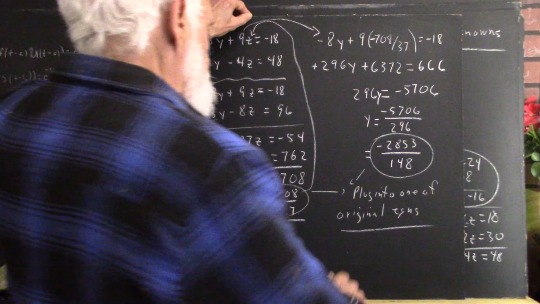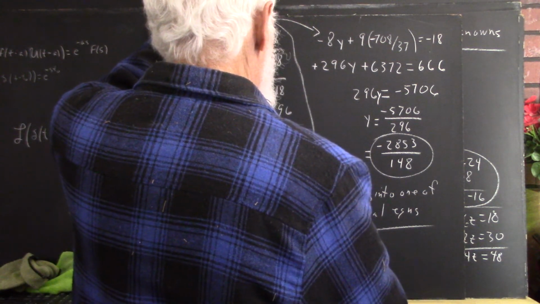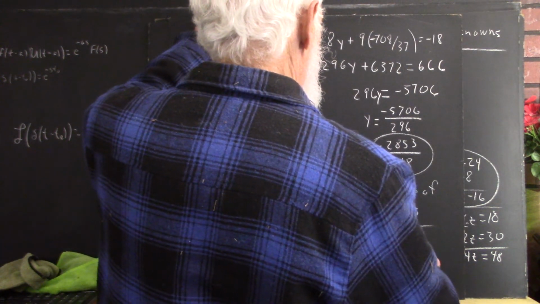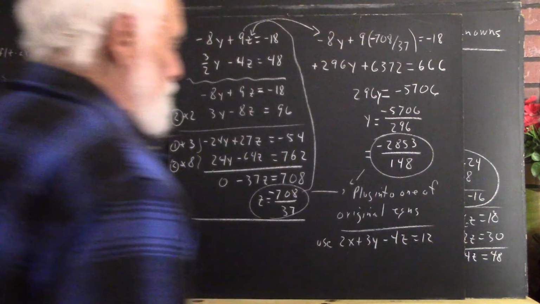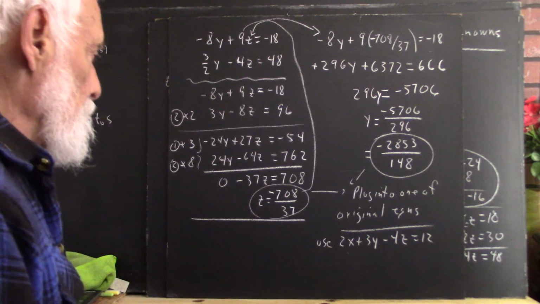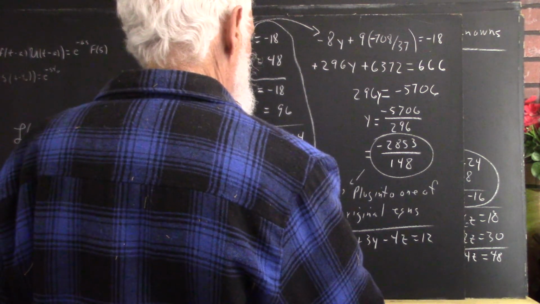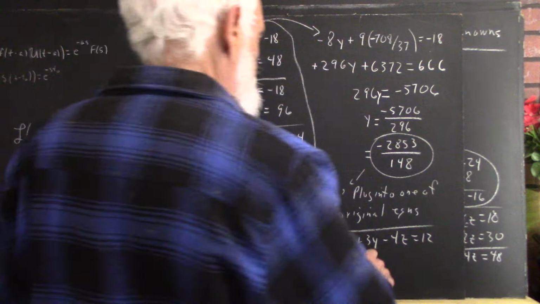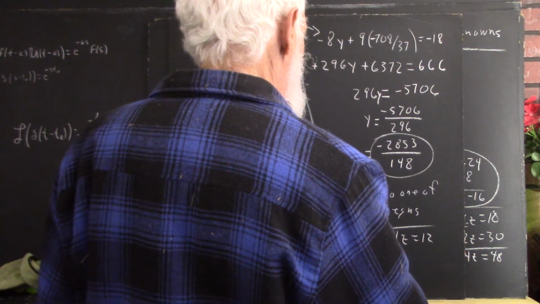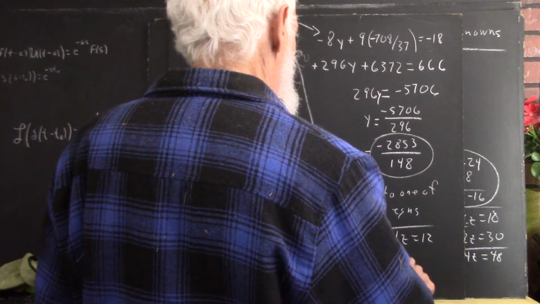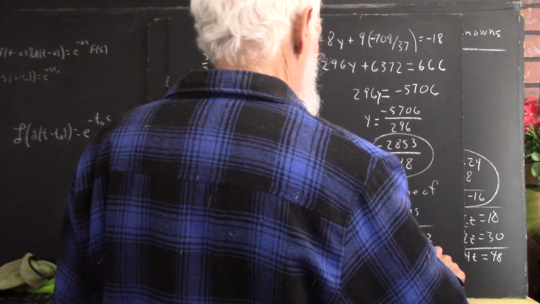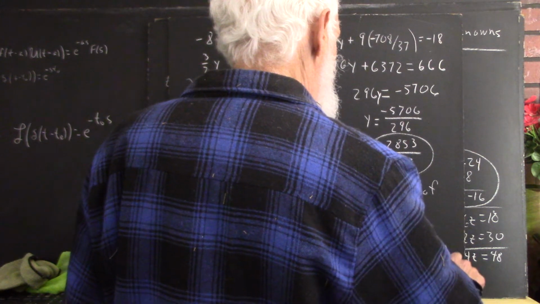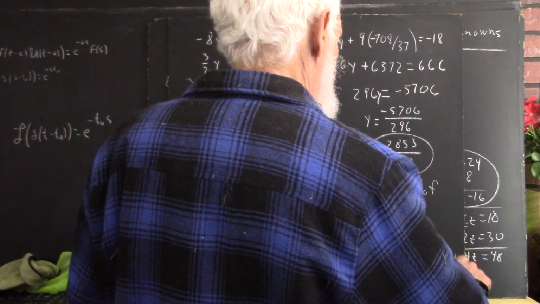Yeah, use the first equation. Okay, so we get 2x plus 3 times negative 2853 over 148 minus 4 times negative 708 over 37 equals 12.